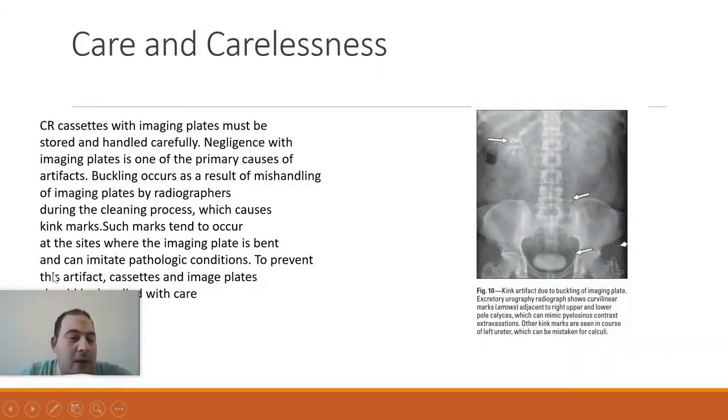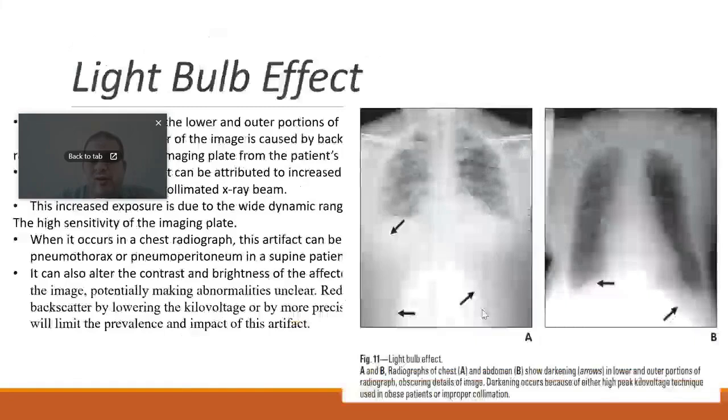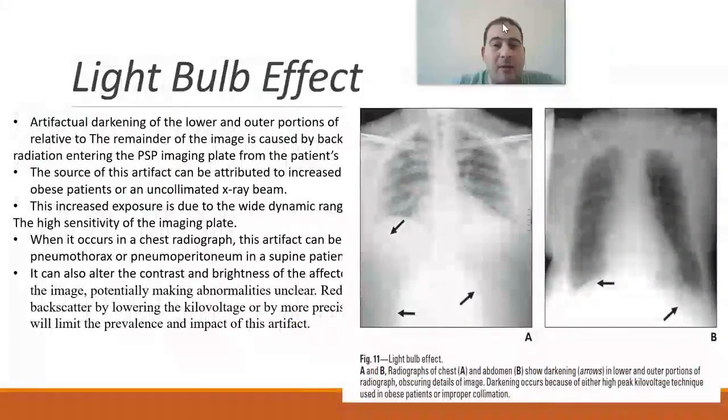This means that the imaging plate was not cleaned properly, leading to some residues and dust that can cause these artifacts and may create misdiagnosis in this diagnostic process, referred to as kink artifact. There is also something called the light bulb effect.